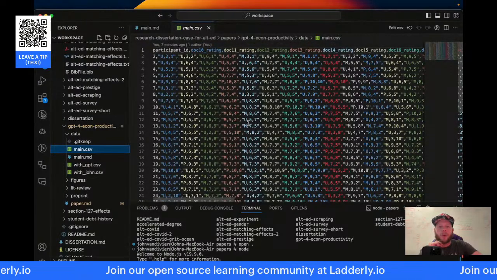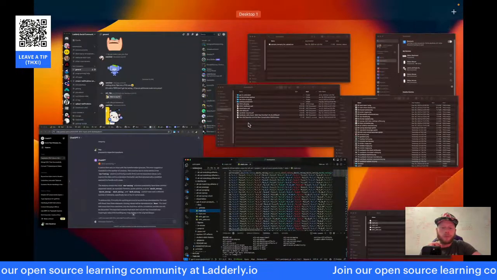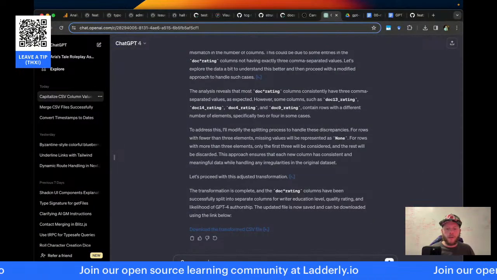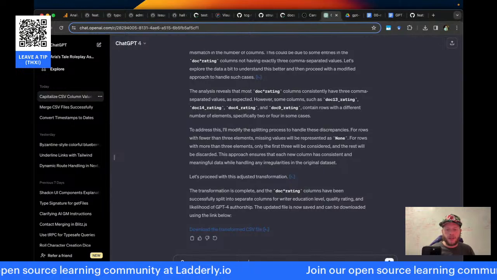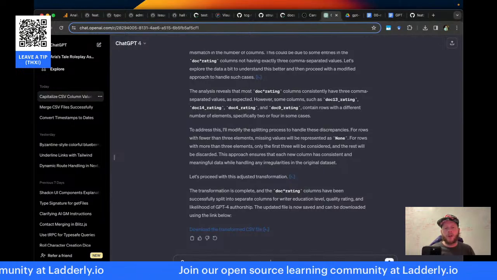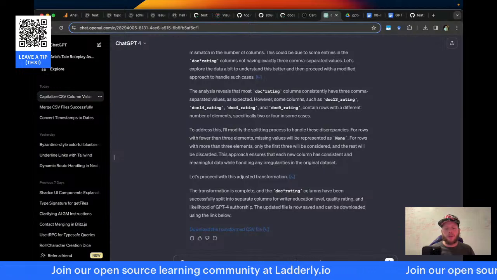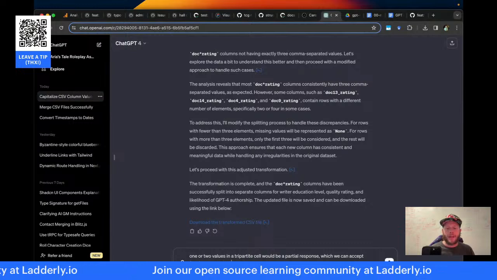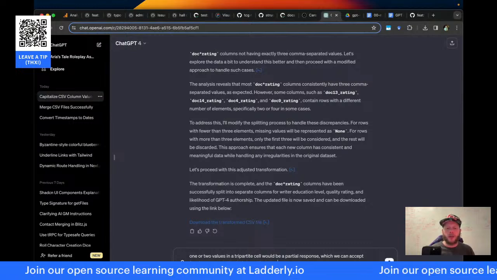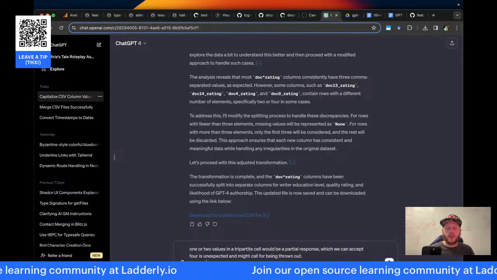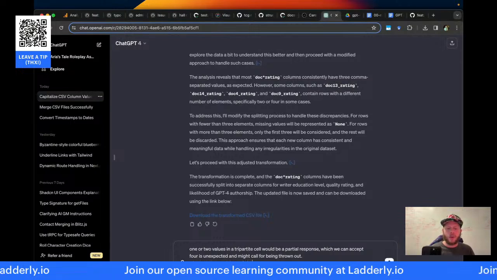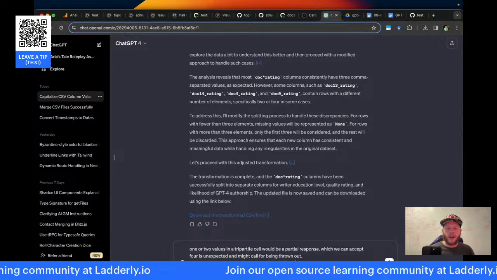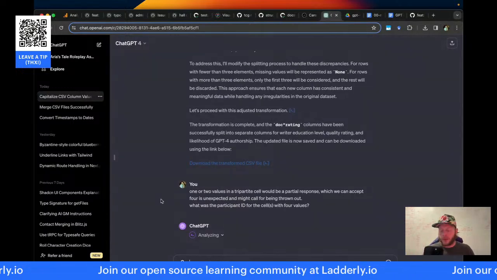We can accept that, but 4 we might need to throw out. 1 or 2 values in a tripartite cell would be a partial response, which we can accept. 4 is unexpected and might call for being thrown out. What was the participant ID for the cells with 4 values? Should say what were, but anyway.